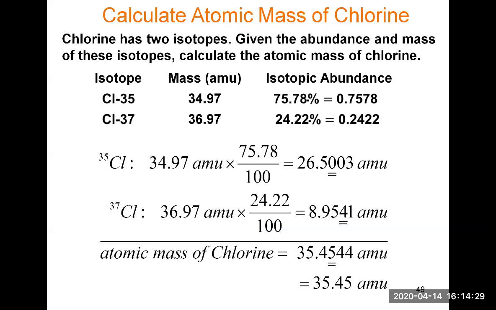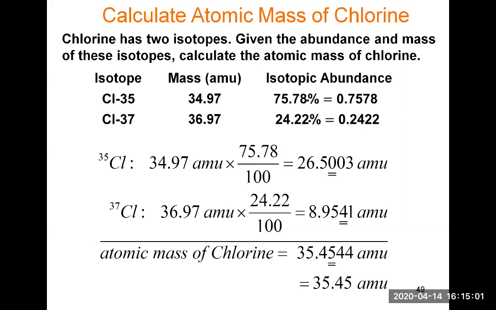Now, when we add them, the rule changes. It's not anymore the least number of sig figs. Instead, it is the least number of decimal places. So it's good to align your intermediate answers according to the decimal point. Here you see that the least number of decimal places would be from the chlorine 35 contribution, because you see only 2 decimal places.